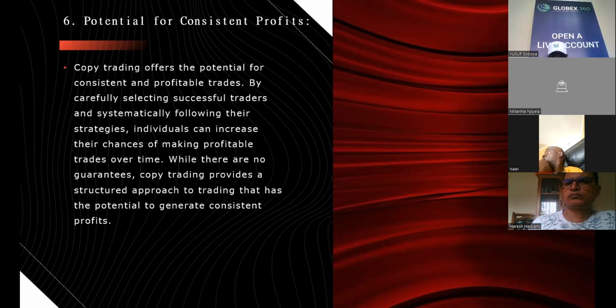And then lastly, potential for consistent profits. I see this with our clients all the time, that some people are good at trading, but they're only good in certain circumstances. So, for example, I might be trading the New York session and I make 10,000 rands, right? And then I join another session, and then next thing I just blew 10,000 rands, right?